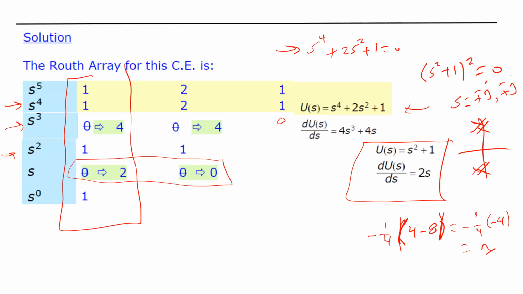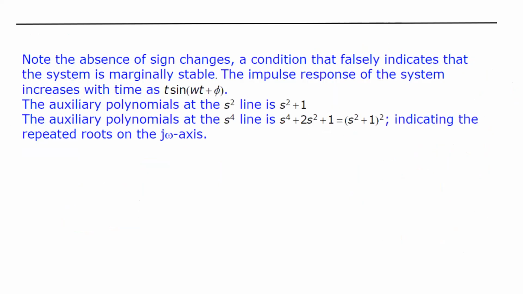Simple pole. In here, what you are going to get is 2 rows where you will have zeros with them. And this is basically what we have.